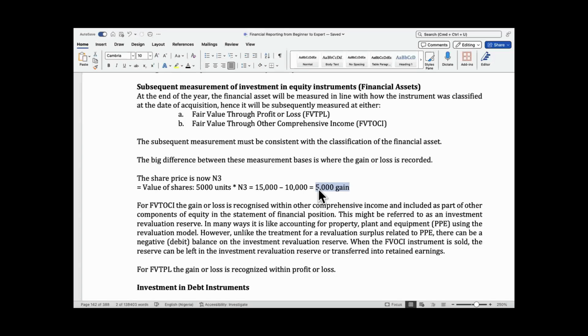And that is everything around equity investments. Do we have any questions?